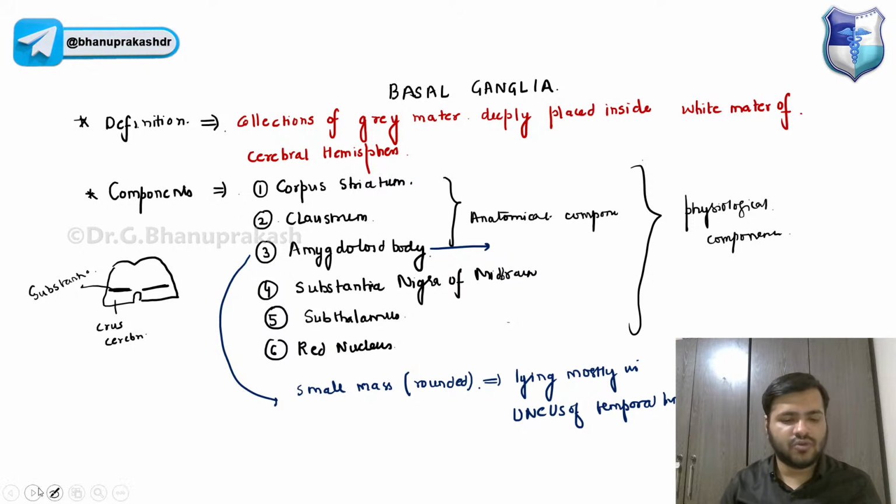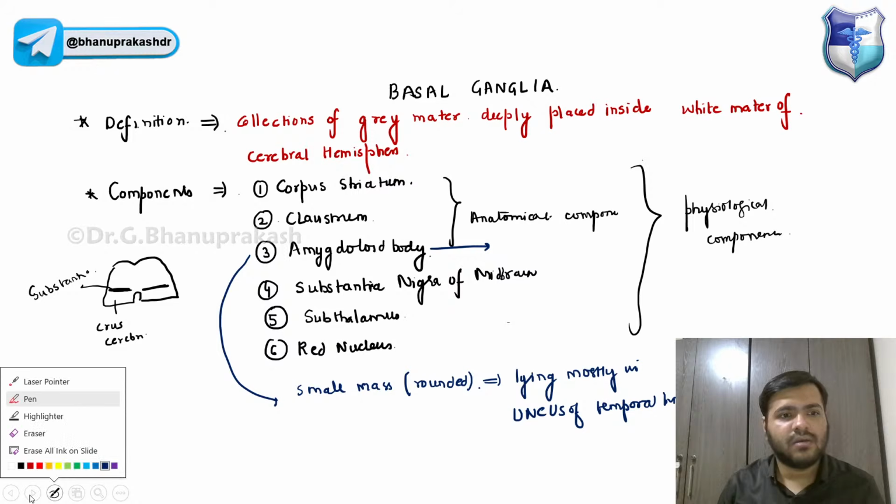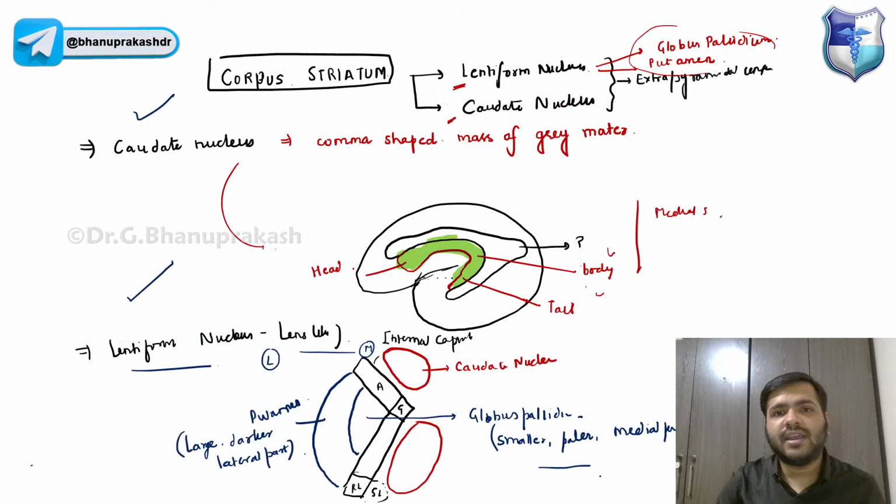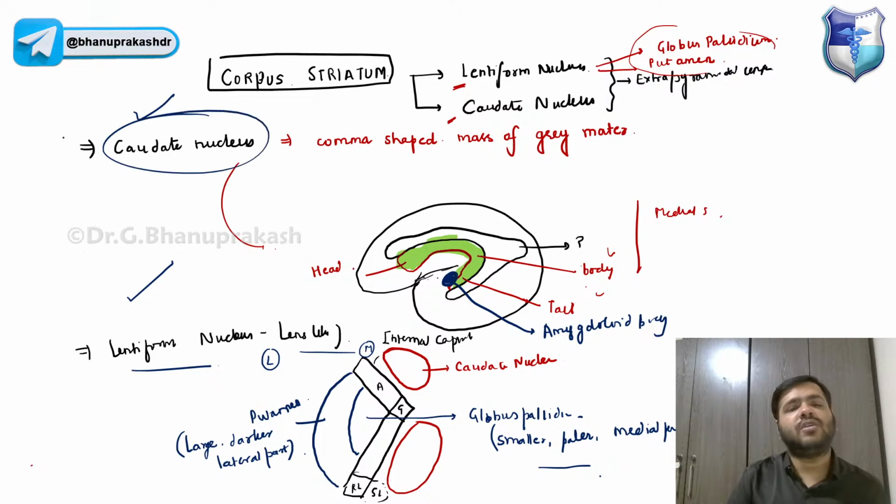If I want to show you, this is the tail part, and on this tail we have the amygdaloid body. So it joins the tail of the caudate nucleus, right?